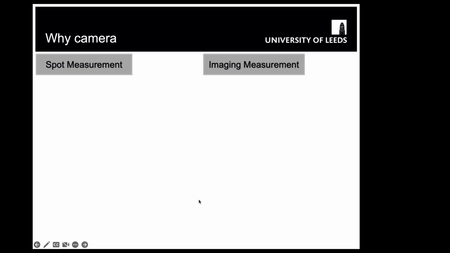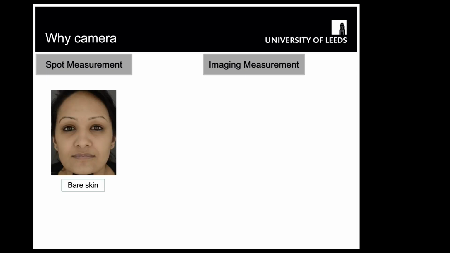We talk about contact method and non-contact method. Also, you can consider whether you do a spot measurement or an imaging measurement, that's another kind of definition of skin color measurement method. What is spot measurement? If you use a spectral photometer to do a measurement, basically you can measure some important points.